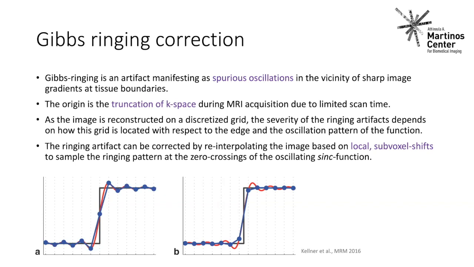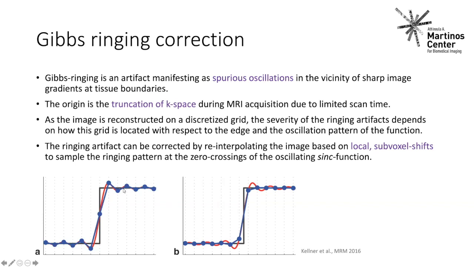As the image is reconstructed on the discretized grid, the severity of the ring artifacts depends on how this grid is located with respect to the edge and oscillation pattern of this function. And the ring artifact can be corrected by reinterpolating the image based on local subvoxel shifts to sample the ring pattern at the zero crossing of the oscillating sinc function. So for example, the black line shows the edge in the image, like the tissue boundary, and the red shows the actual image intensity with ring artifact.